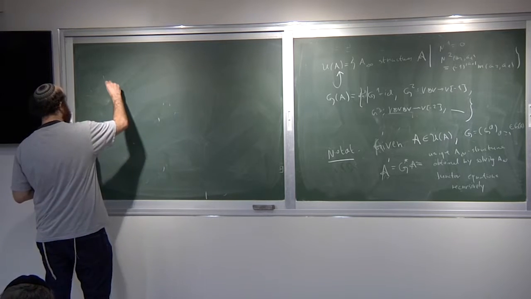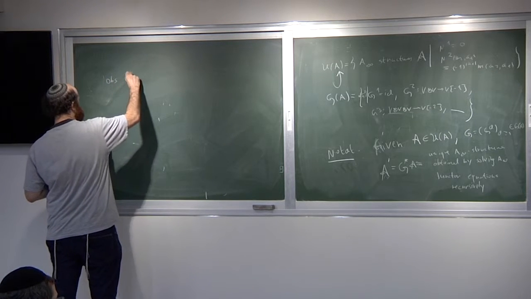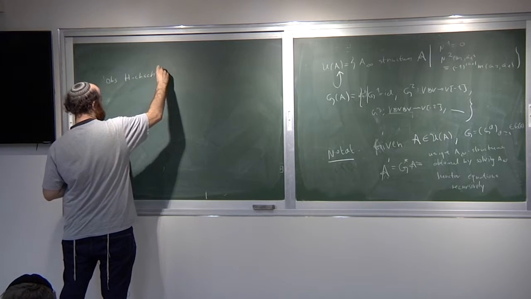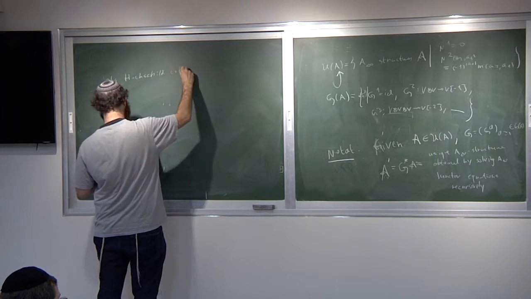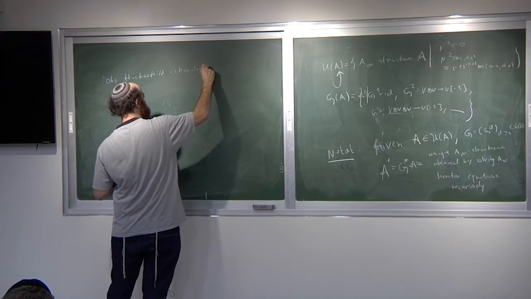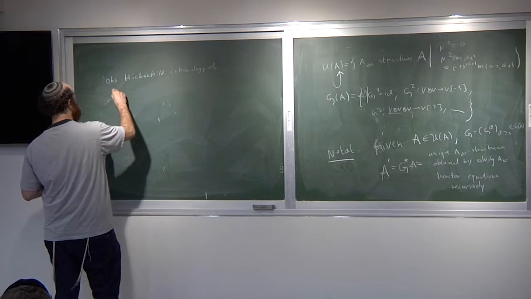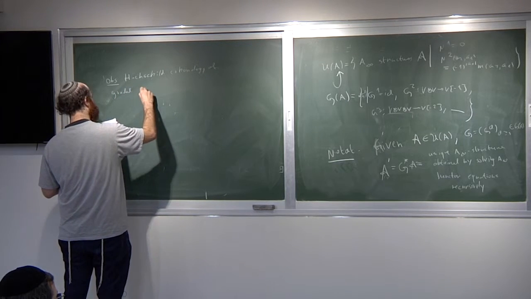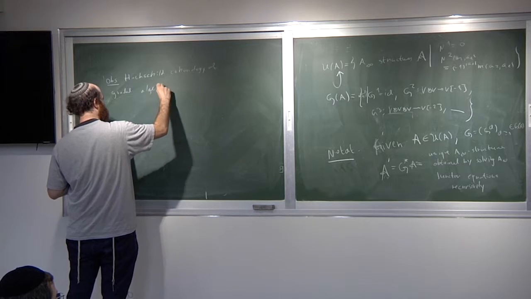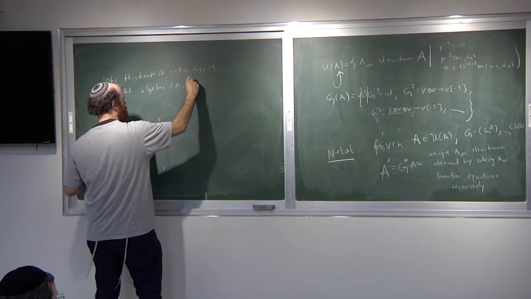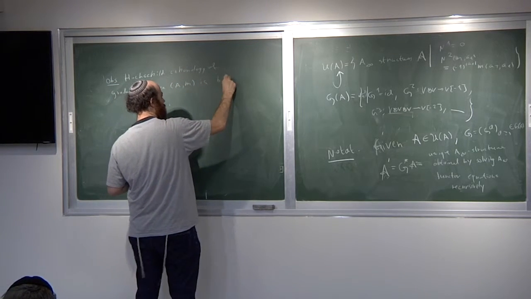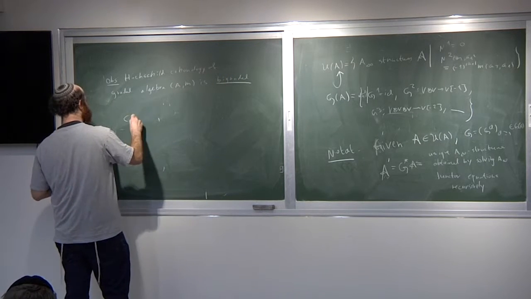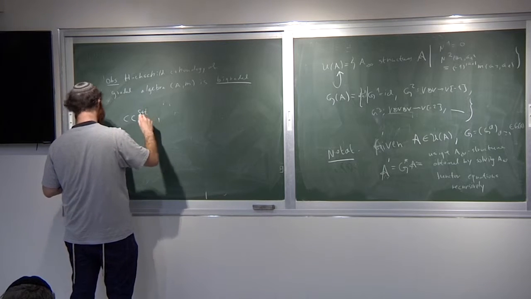An observation is that the Hochschild cohomology of an algebra, if you have a graded algebra, is actually bigraded, and we introduce the following notation.